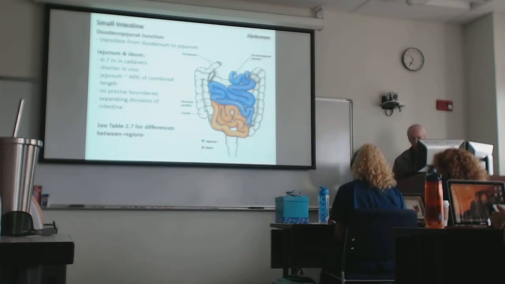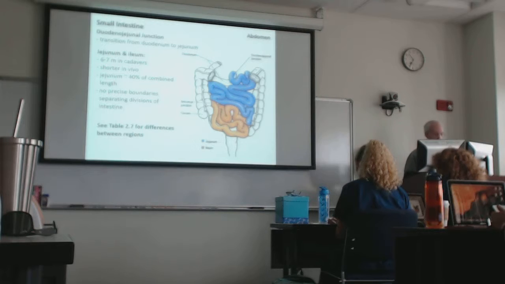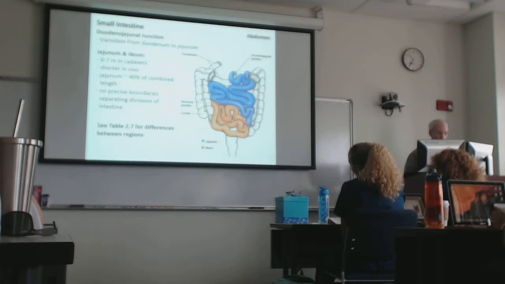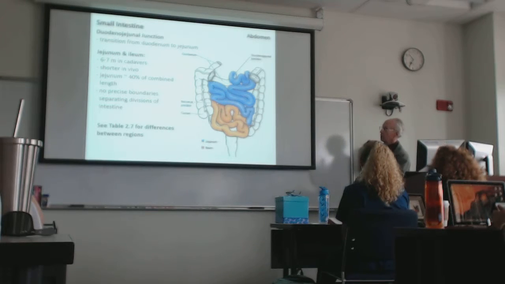There is no abrupt junction between the duodenum and the jejunum, or the jejunum and the ileum. There is nothing comparable to the Z line that we saw between the esophagus and the stomach. And in fact, if you've been looking at the Ackland videos, recall that he just calls the entire distal intestine the jejunoileum. He doesn't even make a distinction.